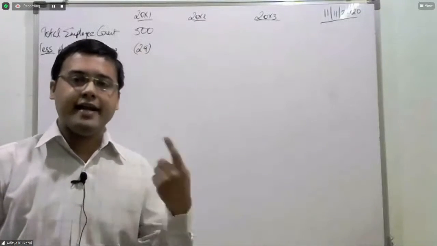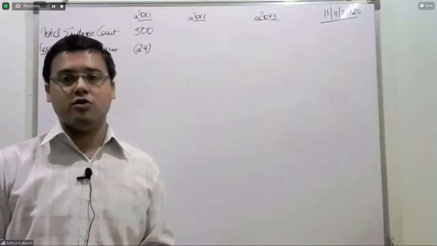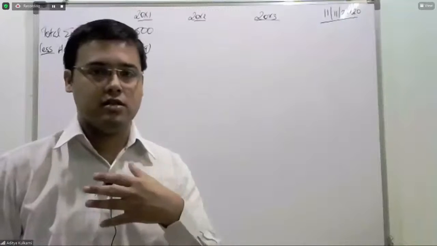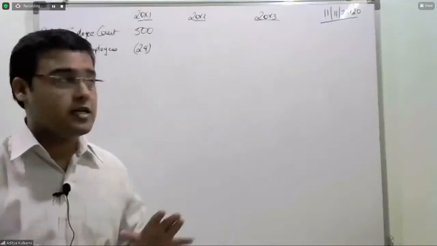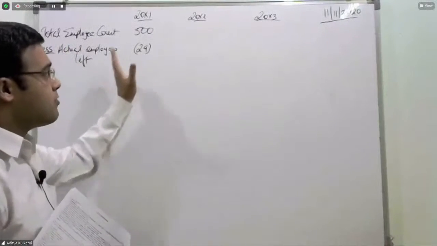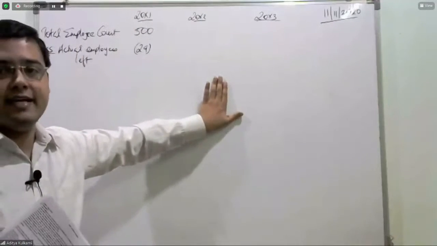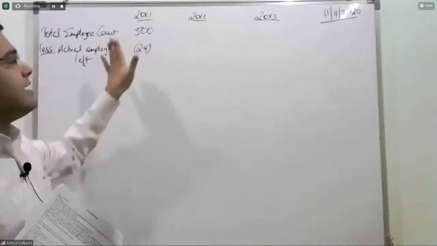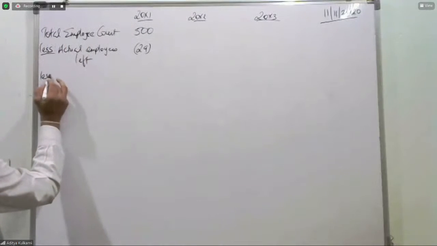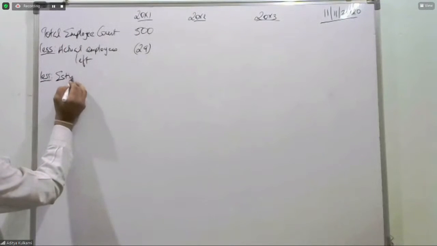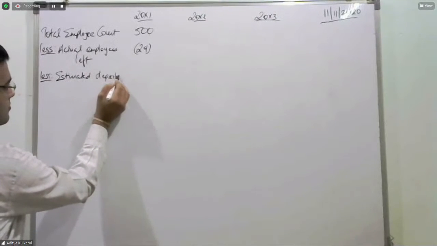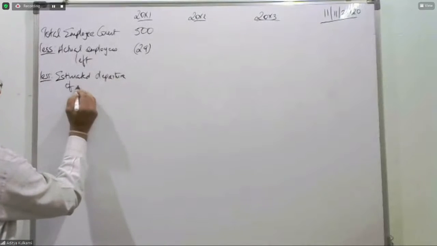And at the end of the first year, you came to know whether the performance condition target was met. The answer is no. So the option will go to the second year. So you have to estimate how many employees will remain at the end of the second year and accordingly determine the expenditure for the first year. So, less estimated departure of employees.